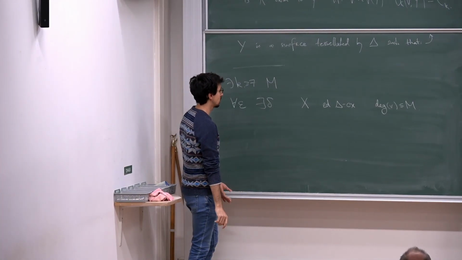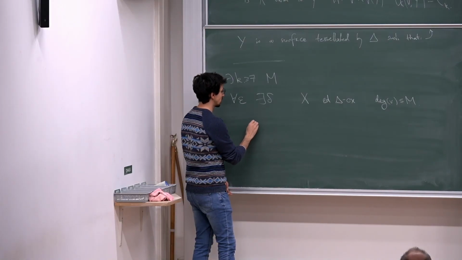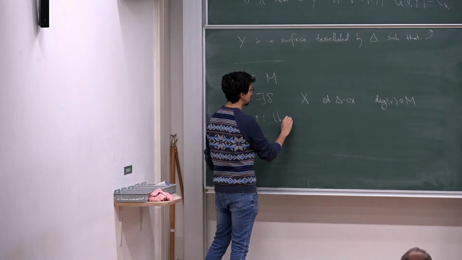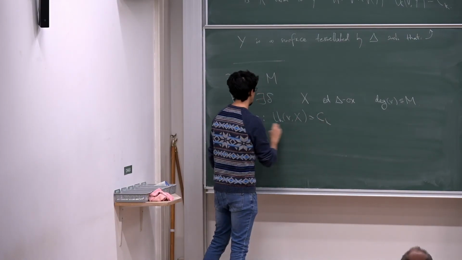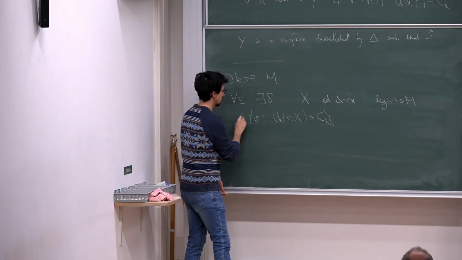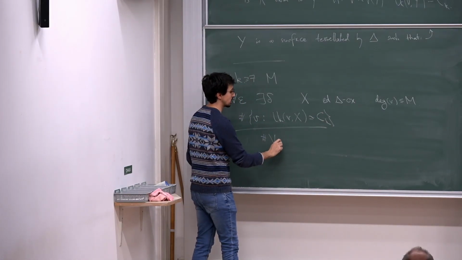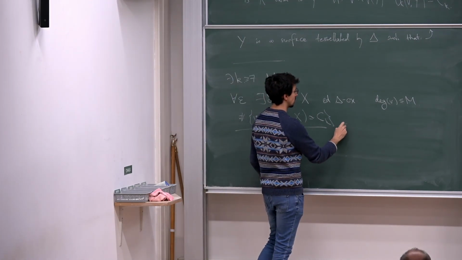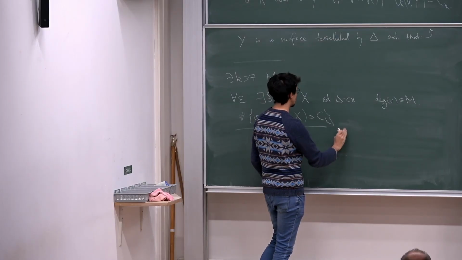Then you assume that the number of vertices v such that the link is not a cycle, divided by the total number of vertices, is less than delta.